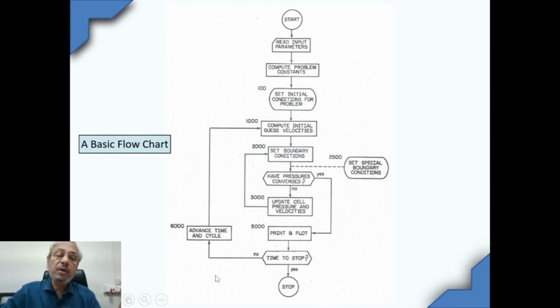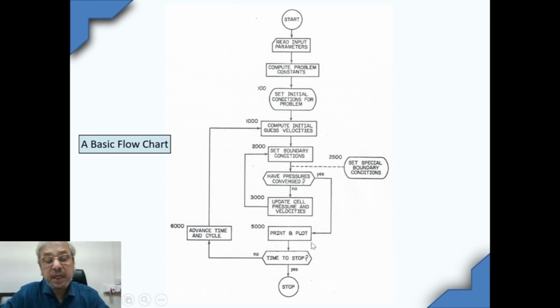This is the overall flow chart, and depending on the requirement of the problem it can be modified, such as when to stop the loop, whether you go for steady state computation, or some desired level of unsteady flow.